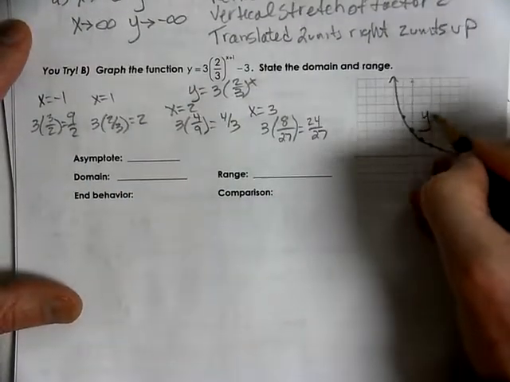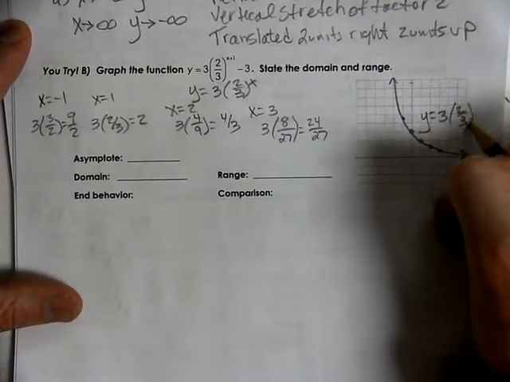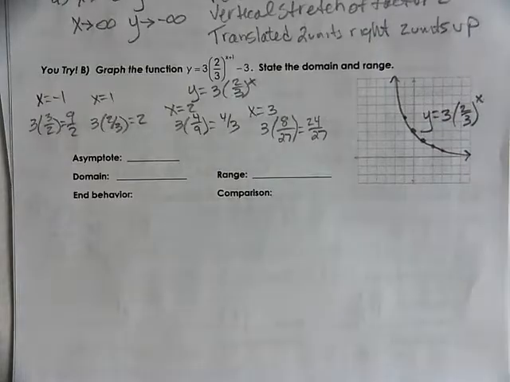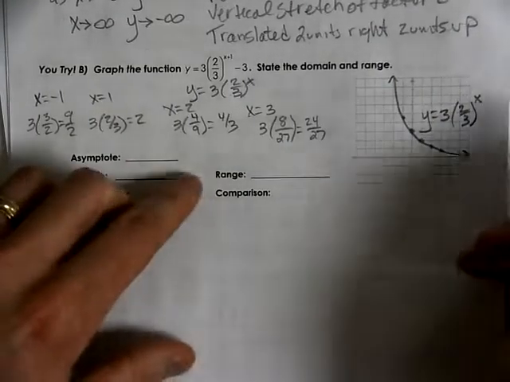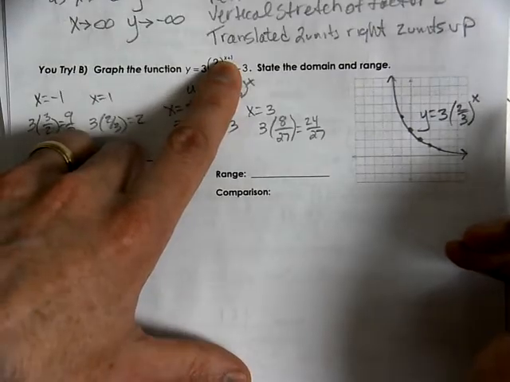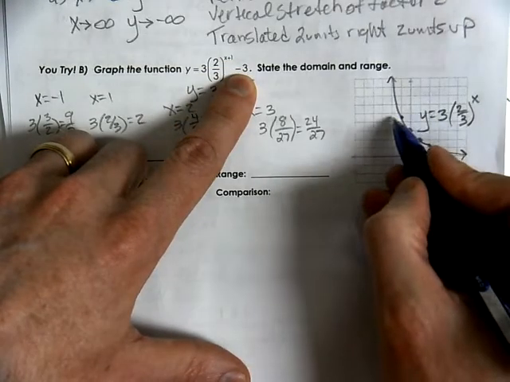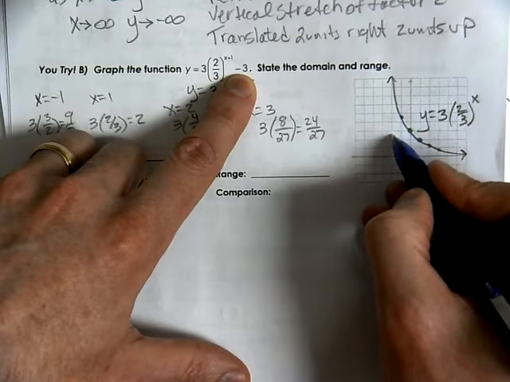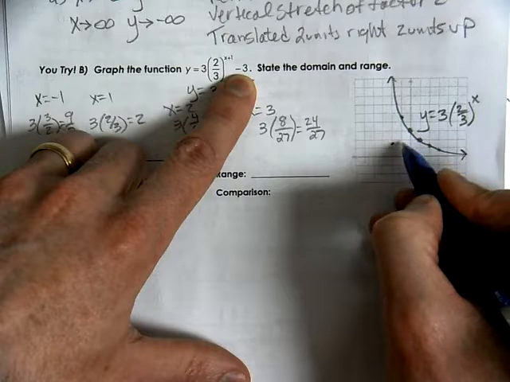So we have our graph of 3 times 2/3 to the x power. Then we're going to take all of those and translate it 1 unit left and 3 units down. 1 unit left, 1, 2, 3.